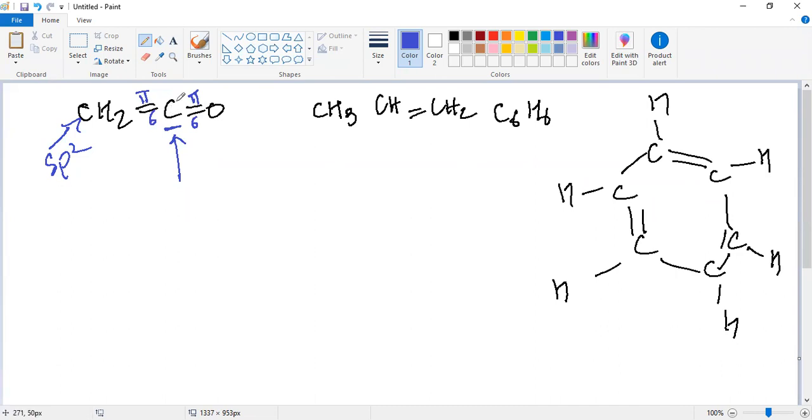So how many pi bonds has this carbon made? sp. Very good. What is the hybridization for this carbon? sp2. What is it for this? sp2. It is CH2 double bond CH2.